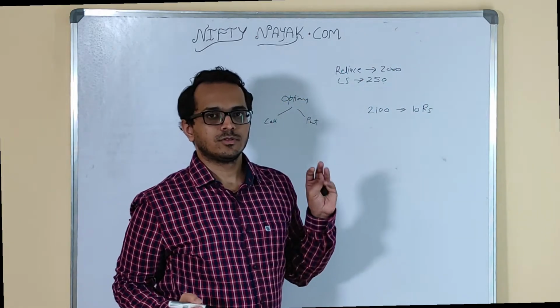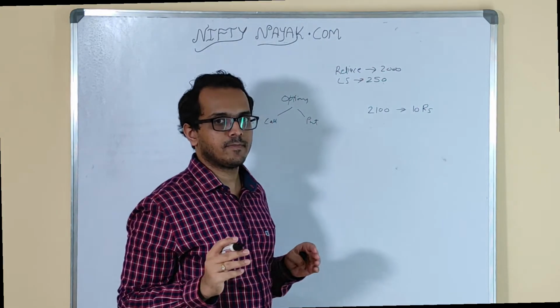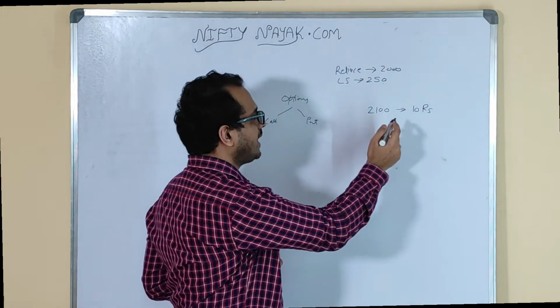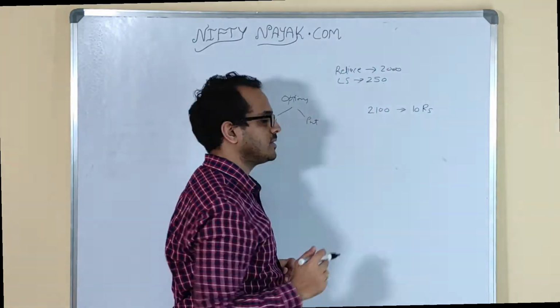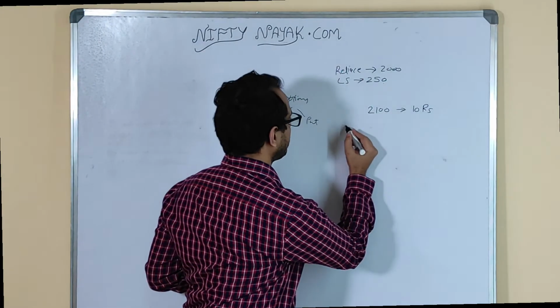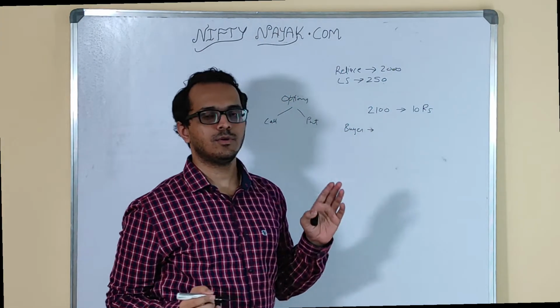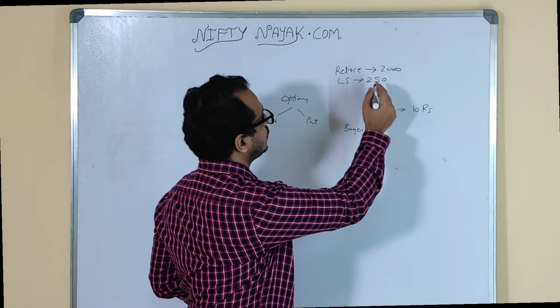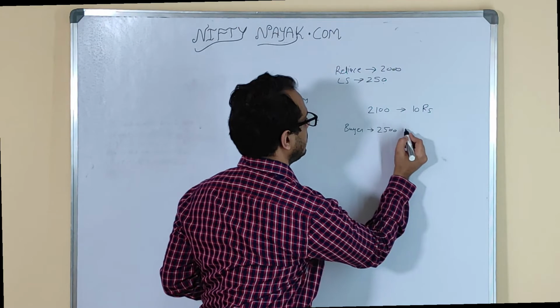Okay. So now if you are a call buyer and if you buy 2100 Reliance call at 10 rupees, you will be investing only 250 into 10, which is 2500 rupees is your investment.